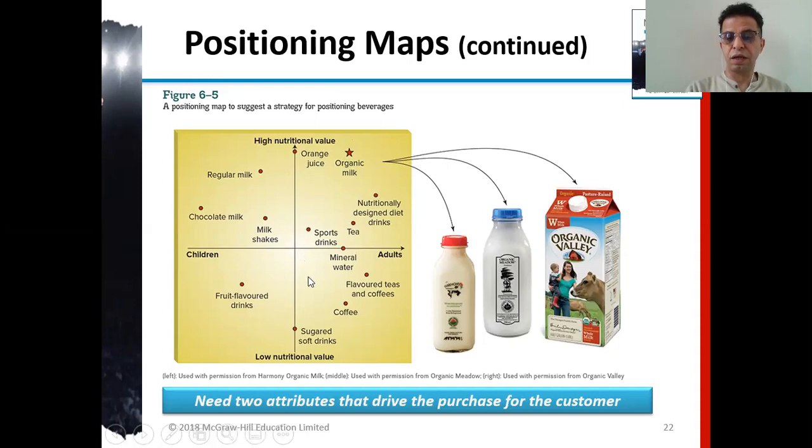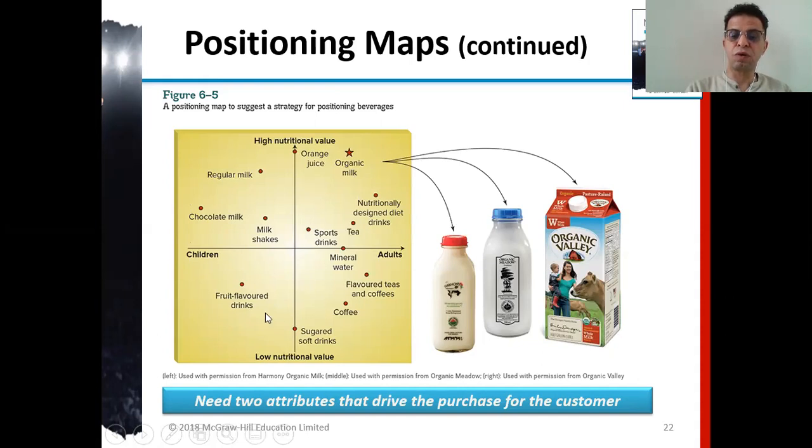On the other hand, people see coffee as for adults, but low nutrition. On the other side, most consumers of chocolate milk are children, and they think it's highly nutritious. Fruit-flavored drinks are for children but are low in nutrition. So these are the positioning maps.